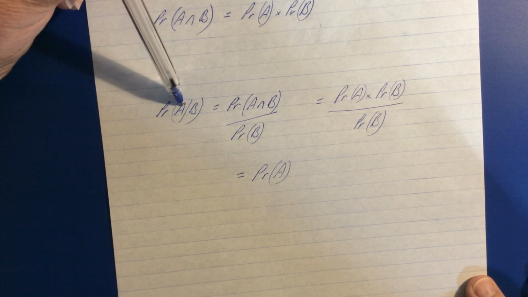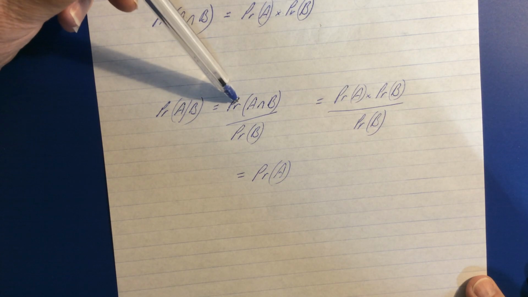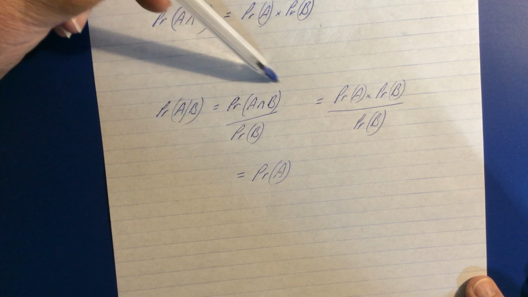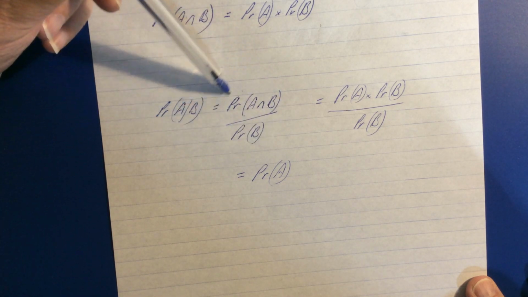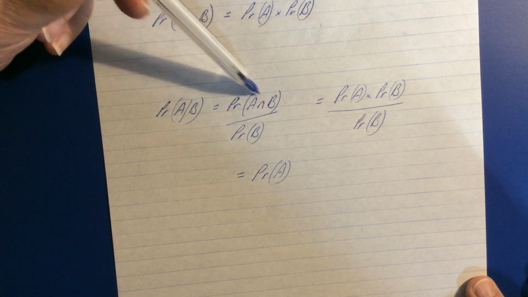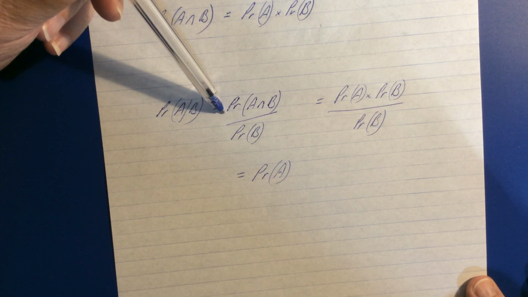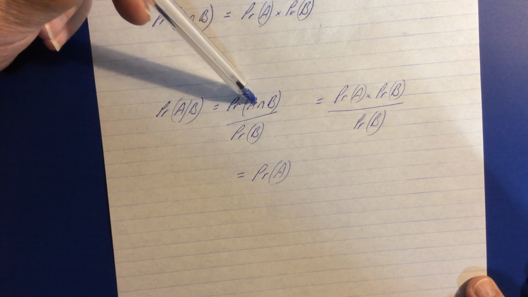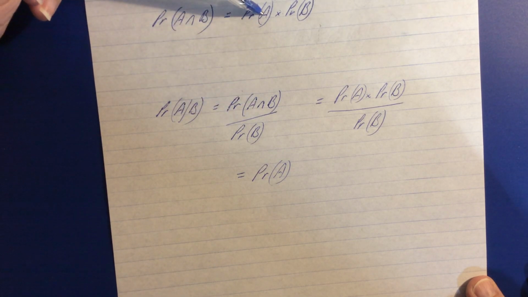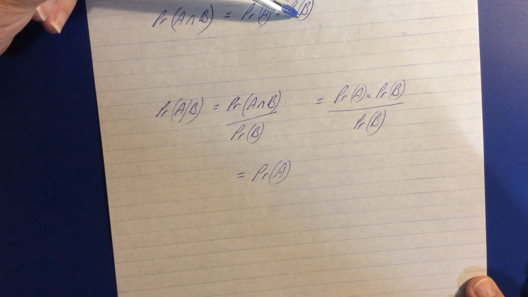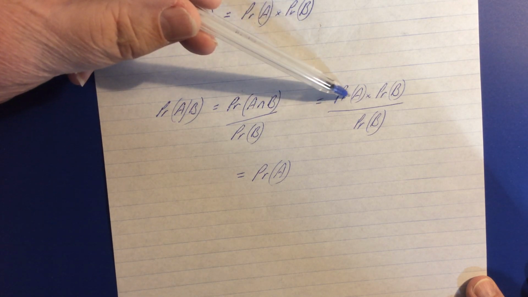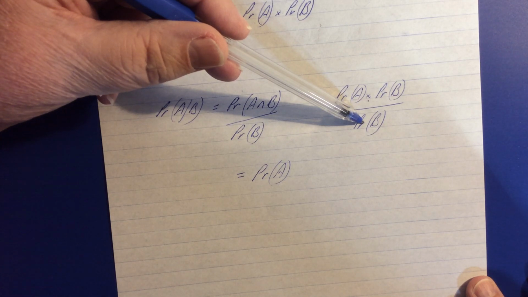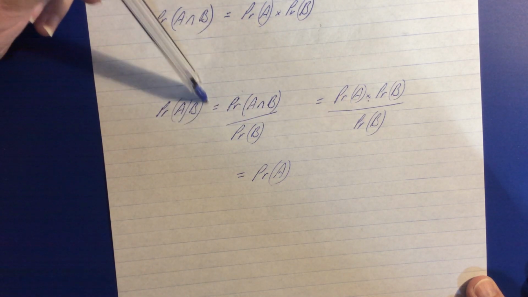So the probability of A given B is equal to the probability of A intersection B over the probability of B. You've probably seen, no pun intended, you've most likely seen this formula, shall we say. Now, the fact is that this, if events are independent, is equal to this: the probability of A times the probability of B, and if that's placed over the probability of B, we're looking at this.